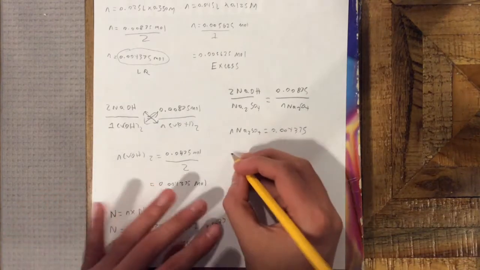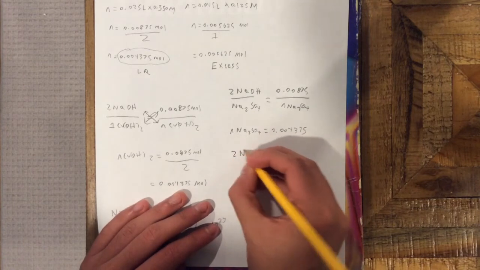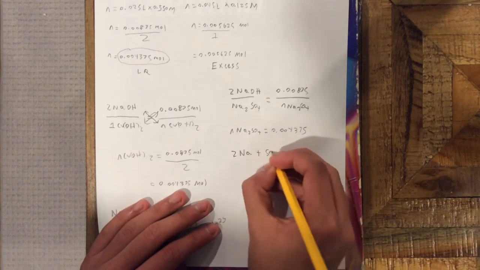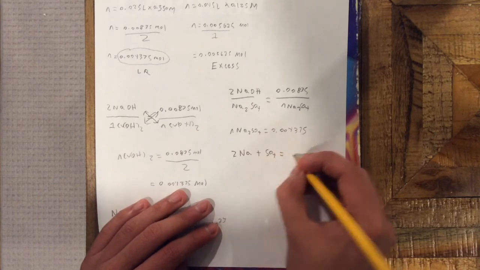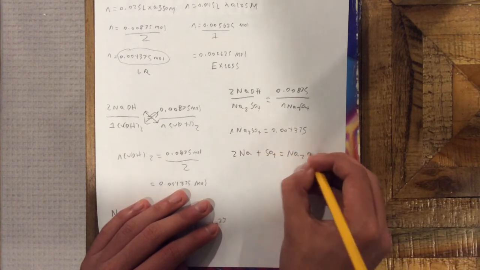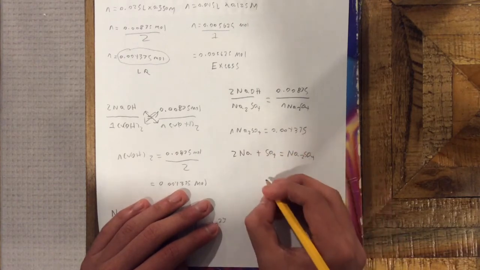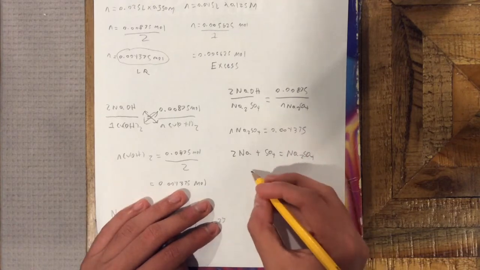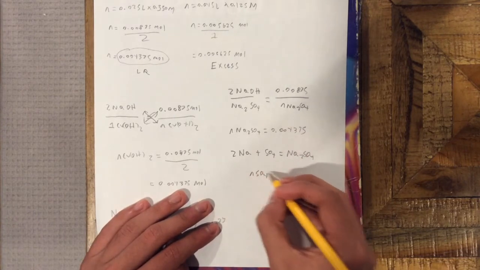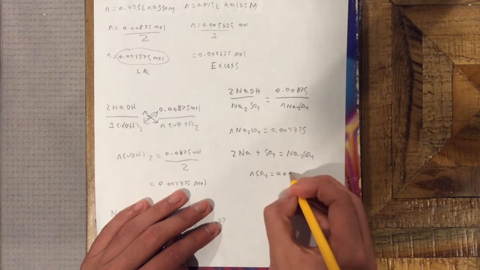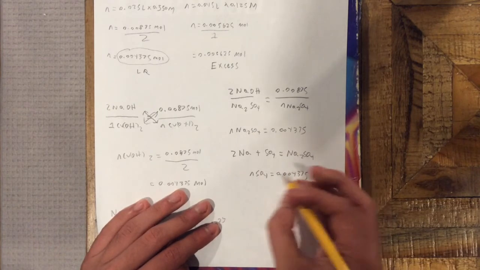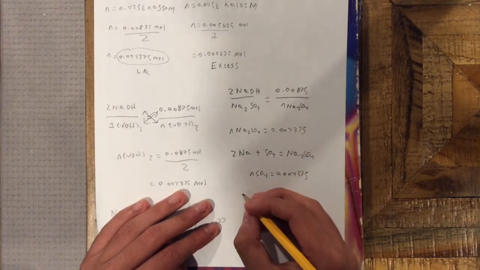As this is broken up in water, we know that 2 sodium plus SO4 will be equal to Na2SO4. So as we can see here, they have the same coefficient, which means that the number of moles of SO4 is going to be the same, so 0.004375.